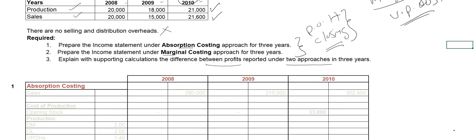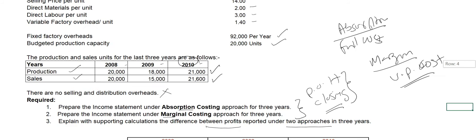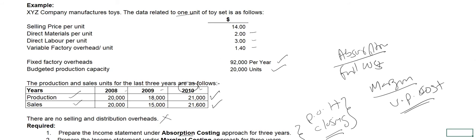First of all, you need to take the selling price per unit. The selling price per unit is 14. How much has been sold in 2008? 20,000.